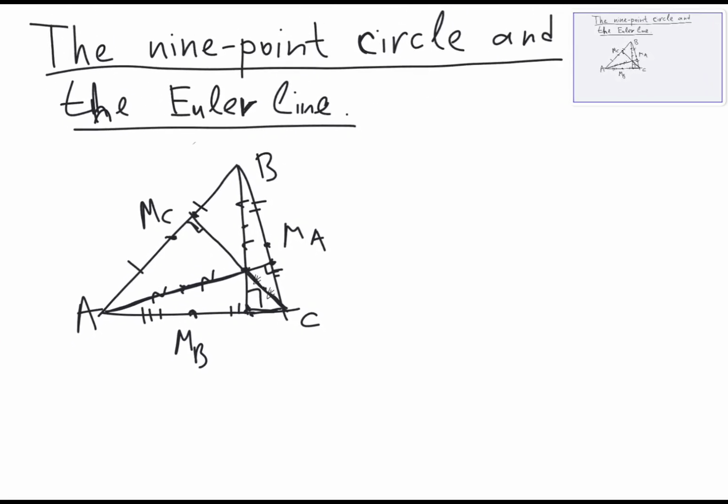So these 9 points, let me select them in blue. These 9 points that I selected in blue lie on the same circle. This I proved in the previous video, and this circle is called the 9-point circle.